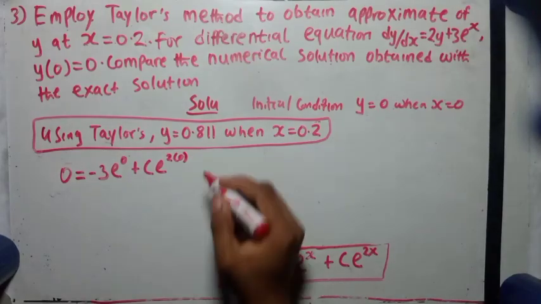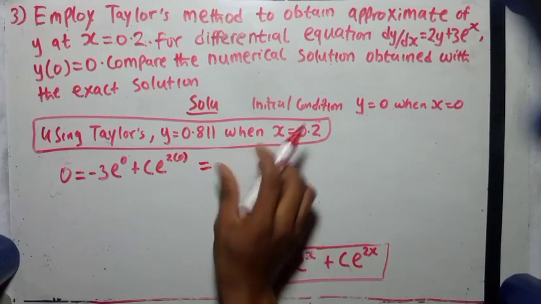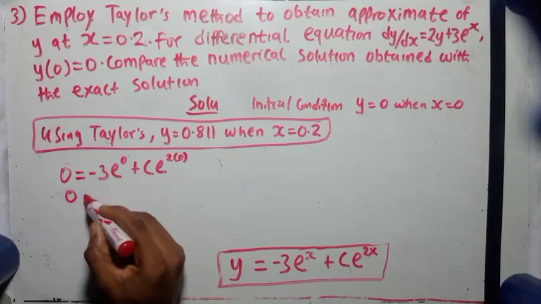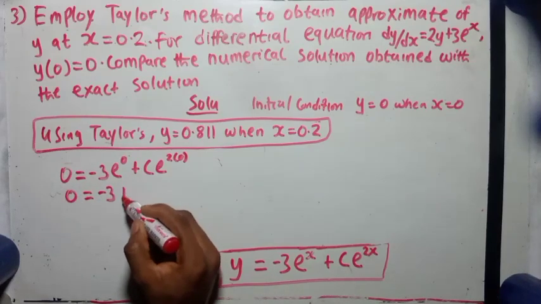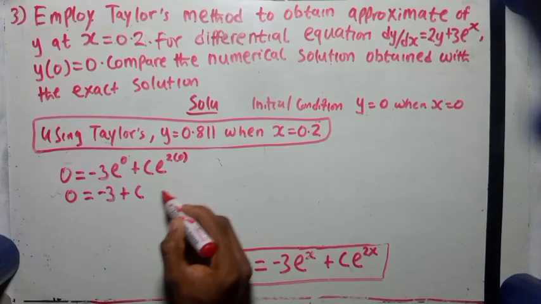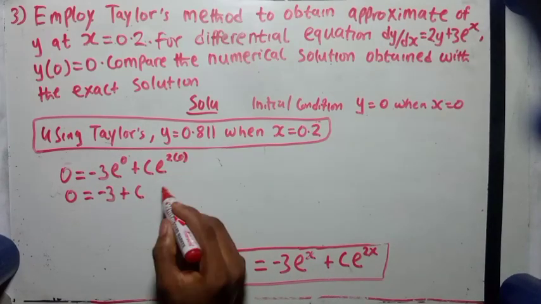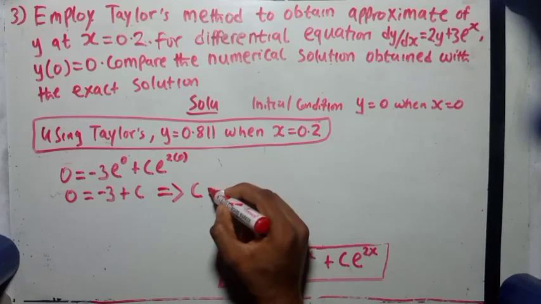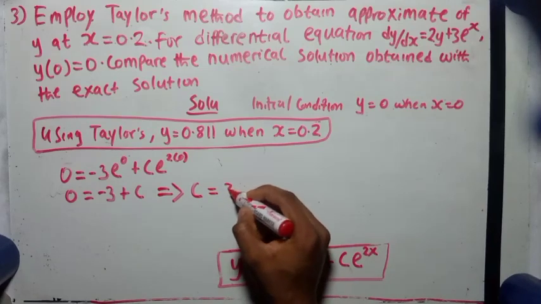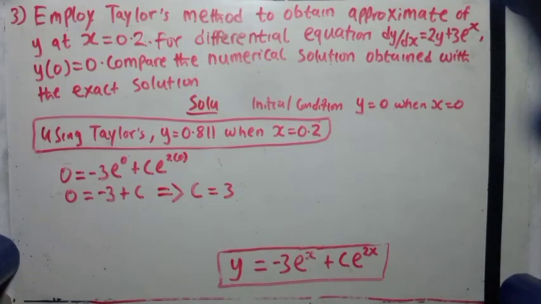So we have 0 is equal to minus 3 plus c, which implies that c is equal to 3.